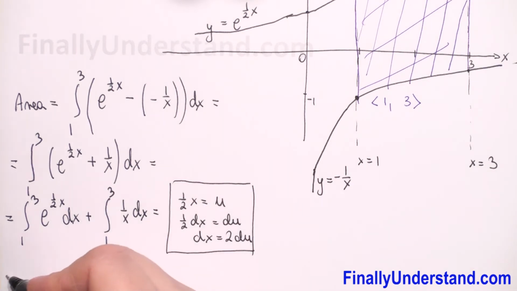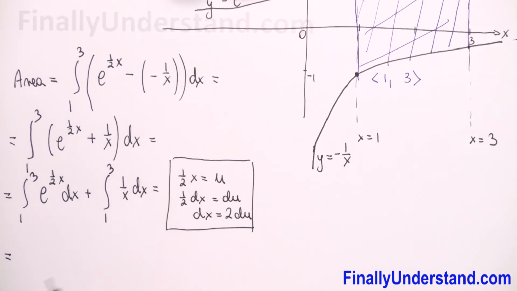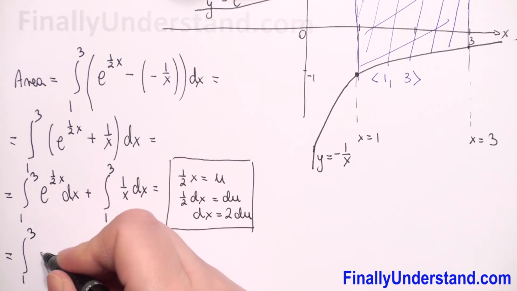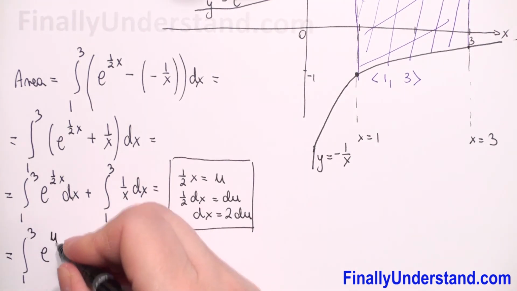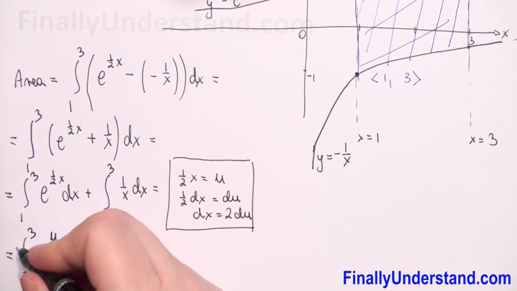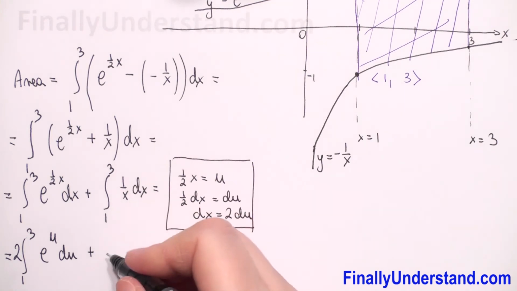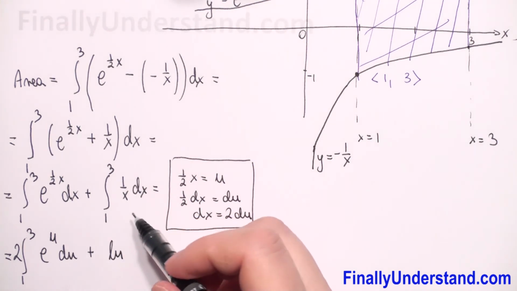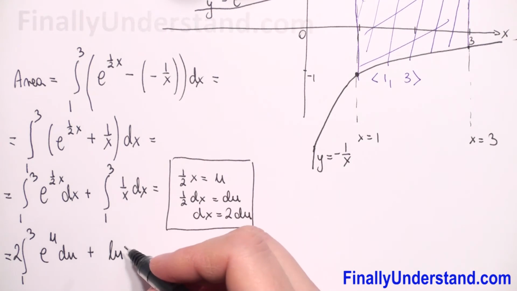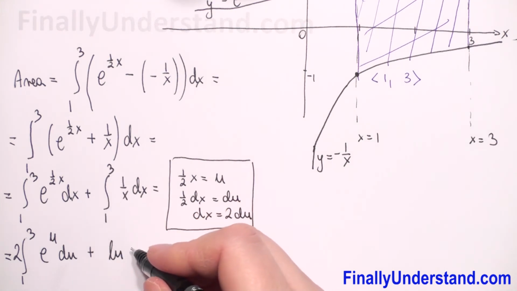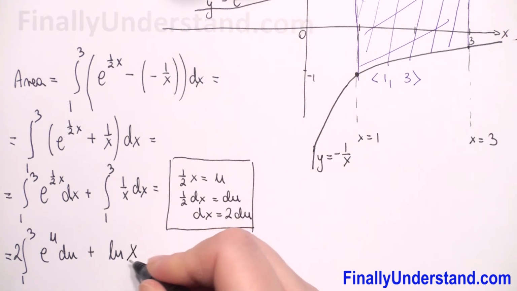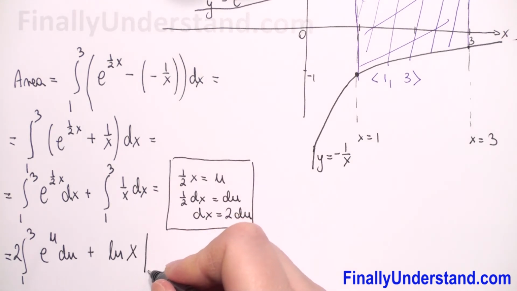So this is equal to: the first integral from 1 to 3 of e to power u, and we have 2 du. 2 we can put before the integral symbol, plus the integral of 1 over x, which is the natural logarithm of the absolute value of x. But because we have x from 1 to 3 interval, these are positive values, so we don't need absolute value. We have only x, and integration limits from 1 to 3.